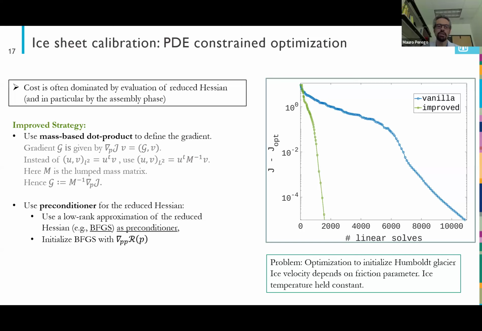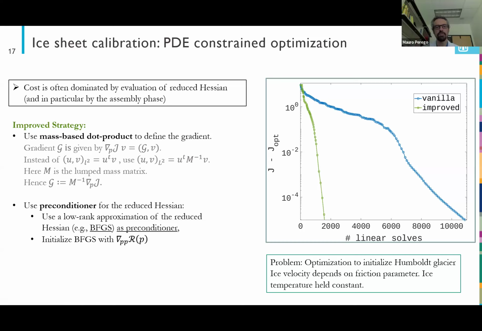The other thing we found very useful was to precondition this Hessian with a BFGS approach. I hope you're familiar with BFGS, but it's a low-rank approximation of the Hessian, and it's important, if you do this, to initialize it with the Hessian of the regularization term.